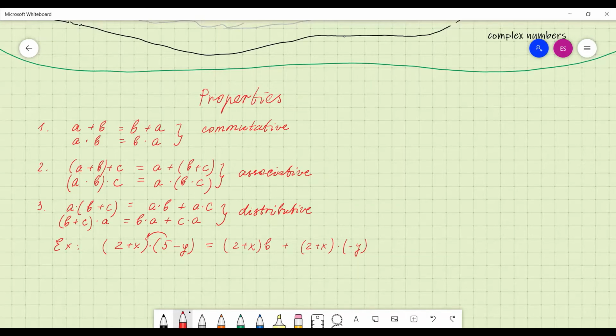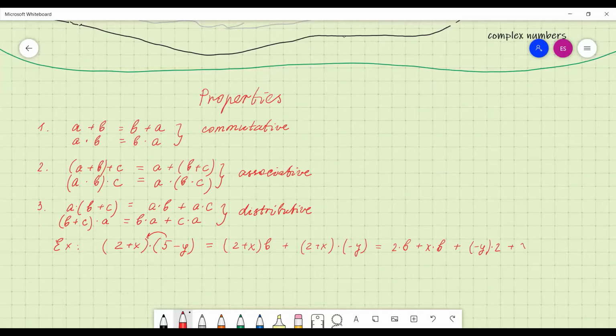Now we are going to use line number 2 and open this parenthesis. So we have 2 multiplied by b and x multiplied by b. And for the second one, minus y multiplied by 2, and minus y multiplied by x. We are going to simplify it later.